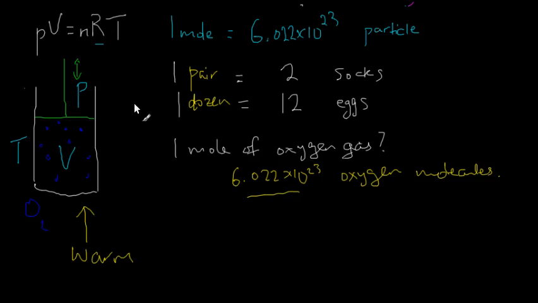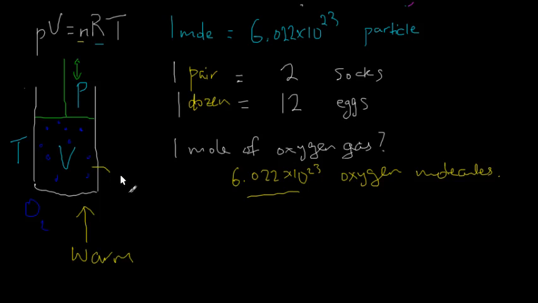But now comes the next question. What is n? How do I tell what n is? If I have, say, oxygen, how would I think of the amount of oxygen? The familiar measure would be volume, but it's not very useful if I say the volume of the oxygen. If I say 1 meter cubed or 1 centimeter cubed of oxygen, because volume can be compressed, I might have more or fewer molecules in 1 unit of volume.